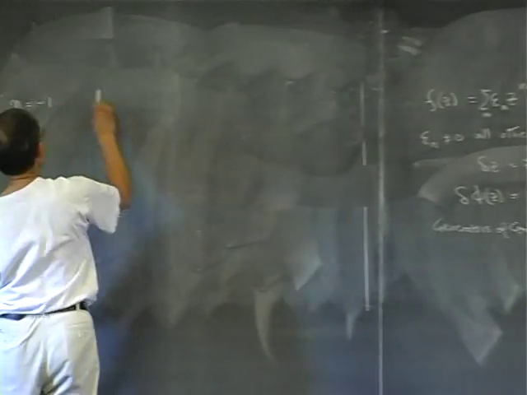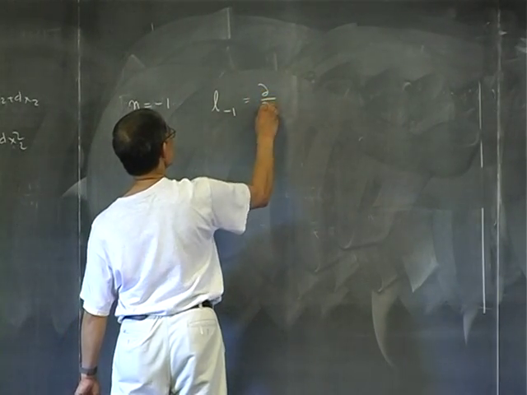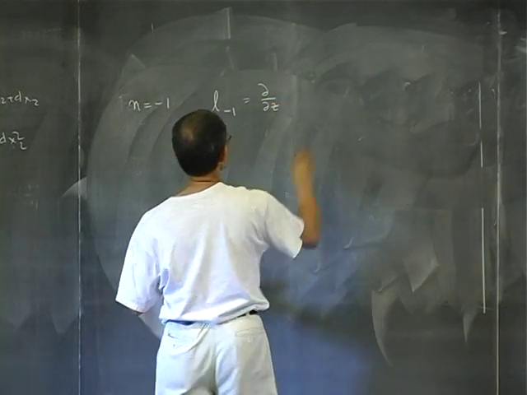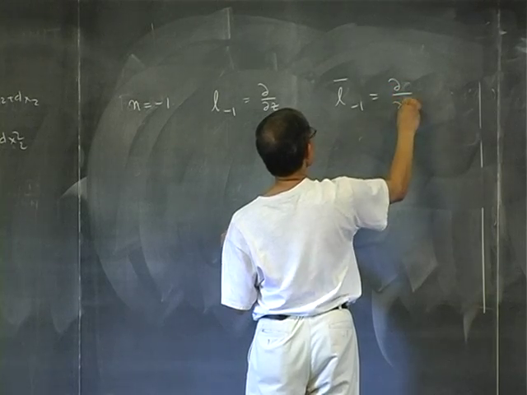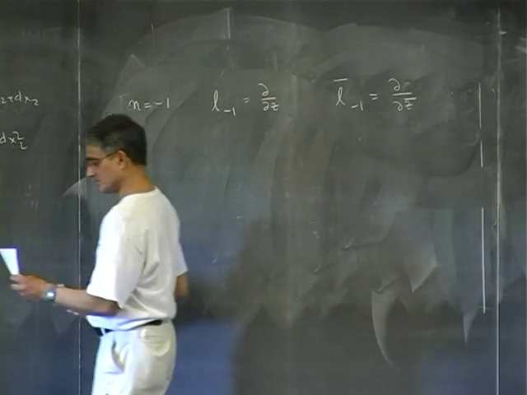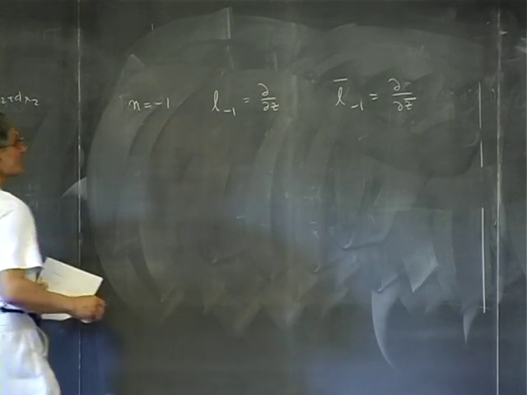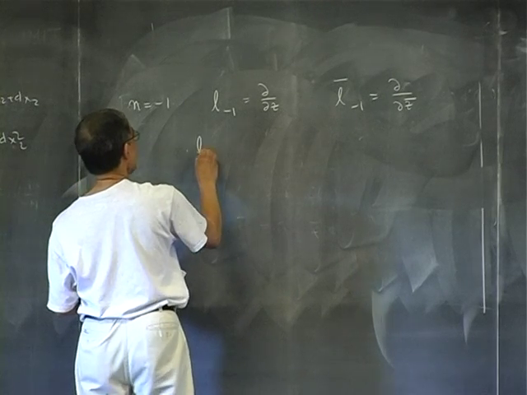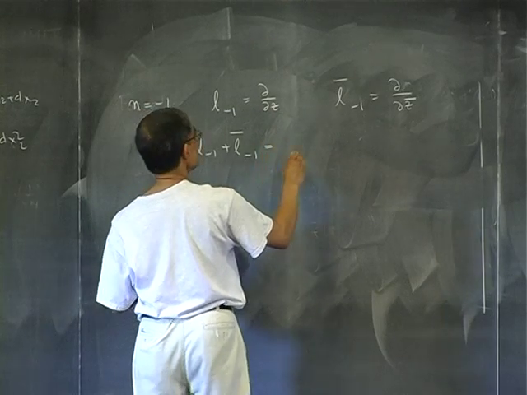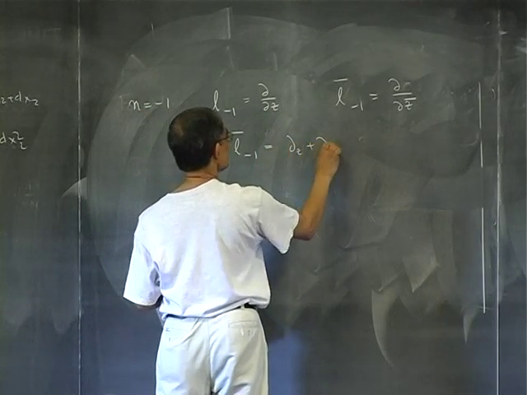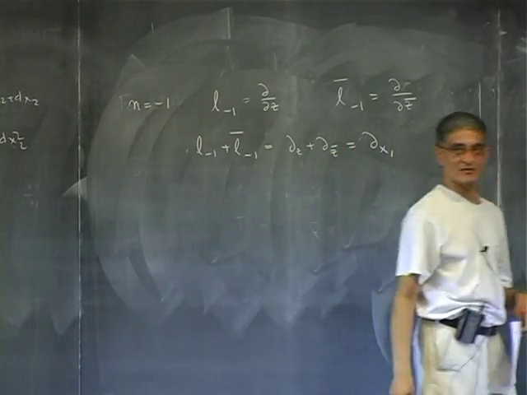So, let us look at L of minus 1. That is just del del z, right. Similarly, L bar of minus 1 is del del z bar. So, clearly L minus 1 plus L bar minus 1 is just given by del z plus del z bar, and by a change of variables you will find that this is same as del x1.